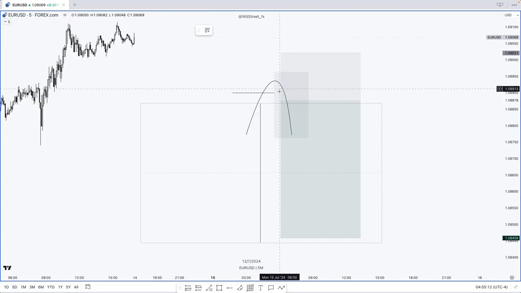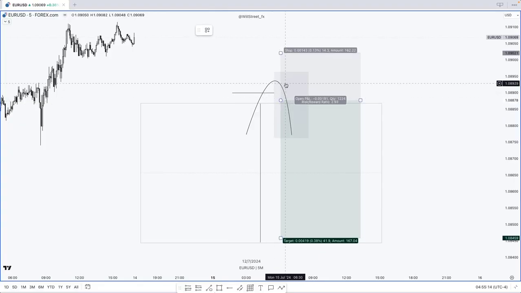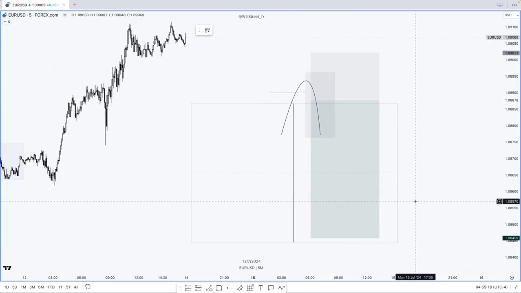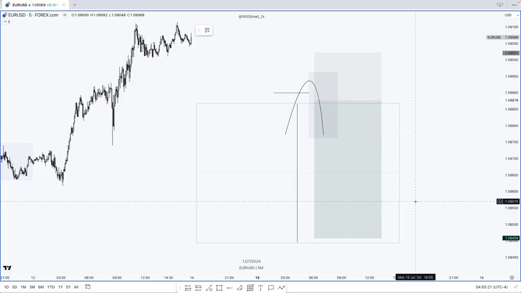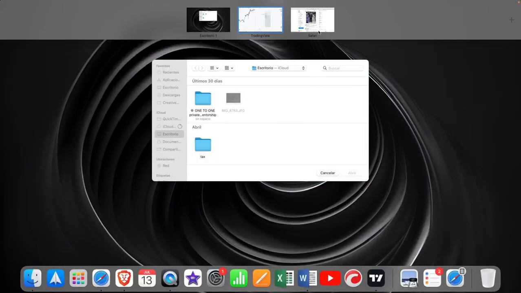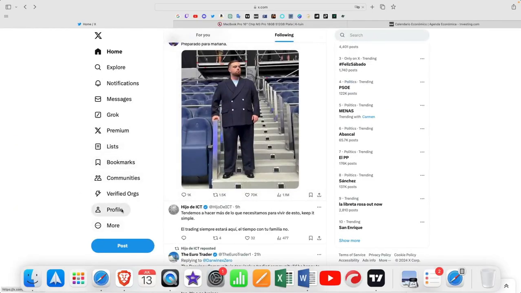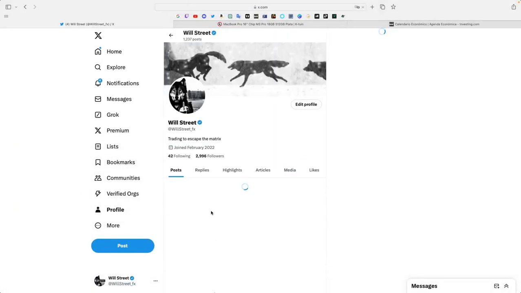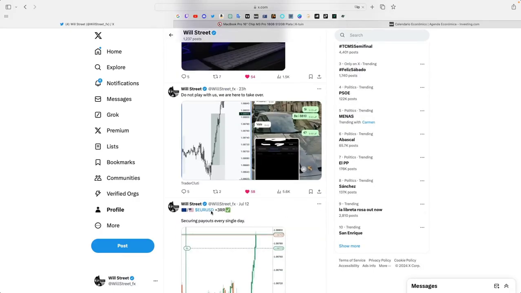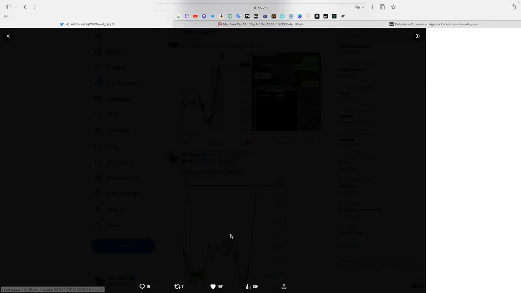In this case, you see, perfect entry and price is already going into our down liquidity. So if you see my trade examples, you will see that I always try to trade the right part of the curve.